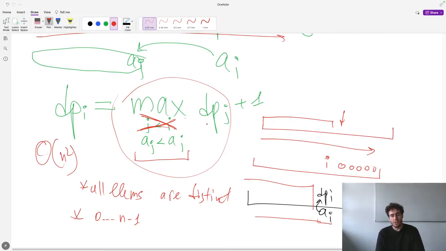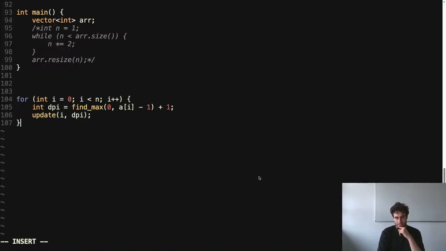The whole idea is just storing my DP array not in terms of indices 1, 2, 3, 4, 5, but in terms of values, right? So in index a[i] are stored DP[i], and thus this update is just taking the maximum on a prefix. Note that we still go through indices in increasing order, but we store these values in positions.